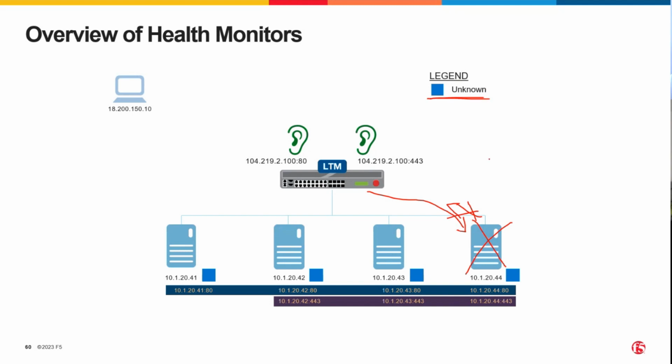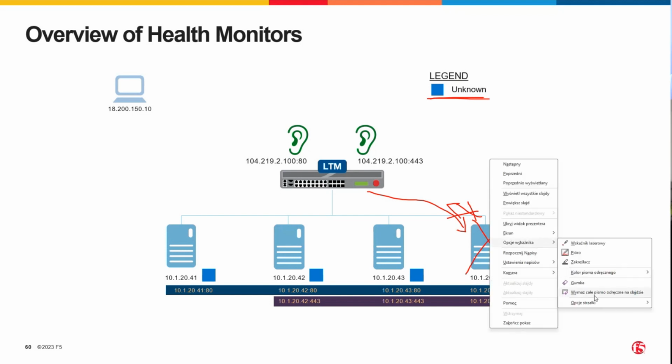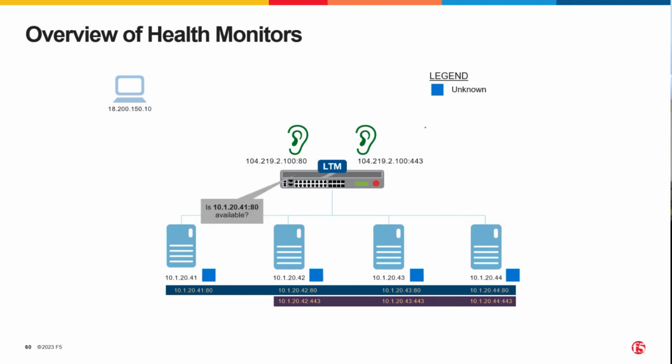I don't have any health checks, any monitors applied to that service. Again, if I applied any kind of health check, and it doesn't matter if it's on layer 3 ICMP, or TCP, or TCP half open, or maybe on layer 7 HTTP monitor, and I get a correct response, I will see a green circle, which means that my health check is running fine.